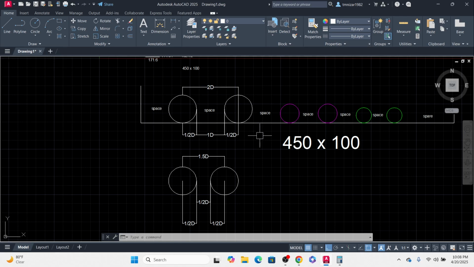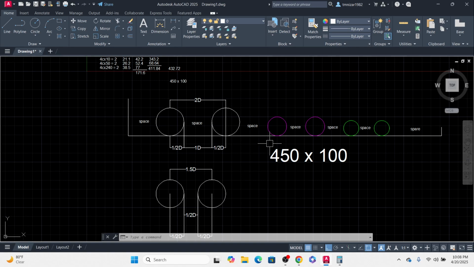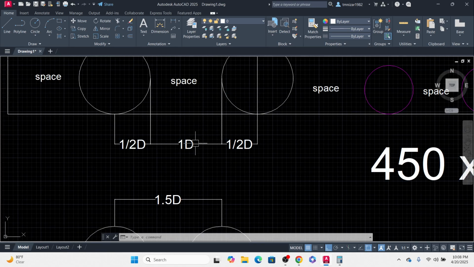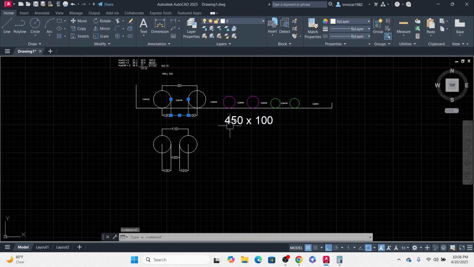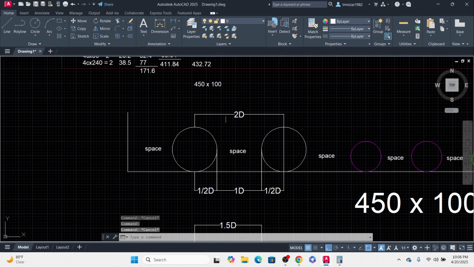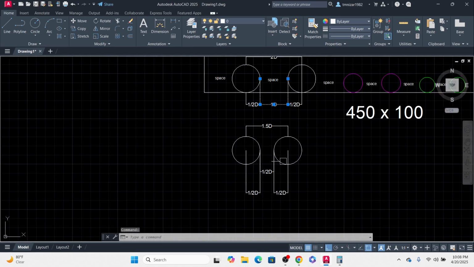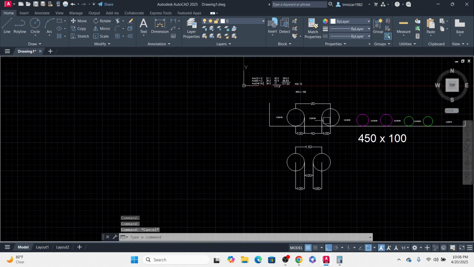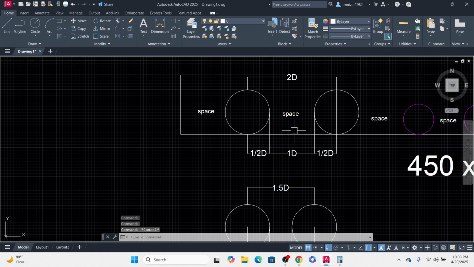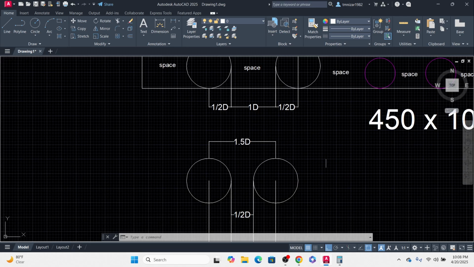Some interviewer asks, what is spacing? How much spacing are you using? If you say 1D space, you are telling this one. If you say half D space, you are telling this one. If you say 2D, you have to describe cable center to cable center 2D. Or better, go with the 1D space or half D space directly. You have to mention the space, not just say 1D, just mention 1D space, half D space.